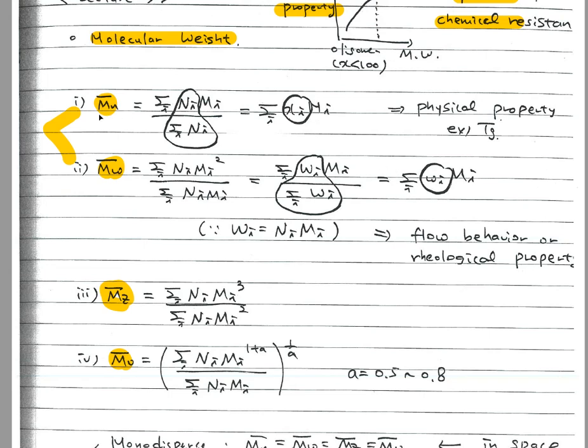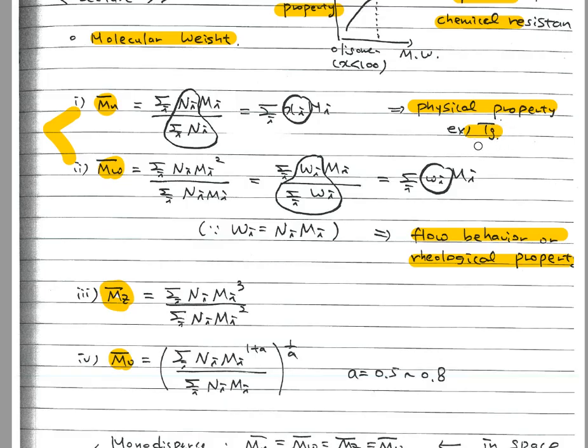The reason why is that the number average and weight average molecular weights are related to the other polymeric properties. For example, number average molecular weight is related to the physical property of polymers such as glass transition temperature.